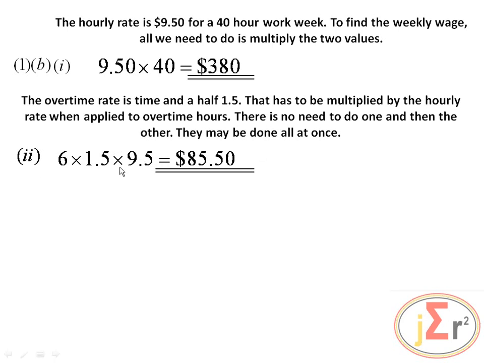So the overtime hourly rate may be found by multiplying 1.5 by $9.50. Then we may multiply that by the number of overtime hours. But we do not need to do that as two separate calculations. We may do that in one by multiplying the hourly rate by the 1.5, which is how overtime is calculated, and we multiply that by the number of hours. And there is our answer.